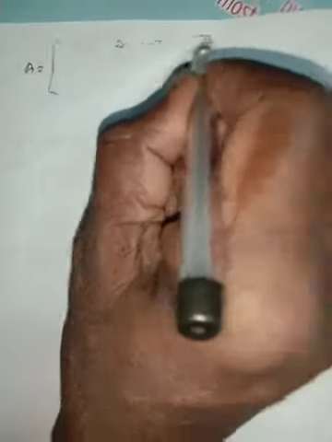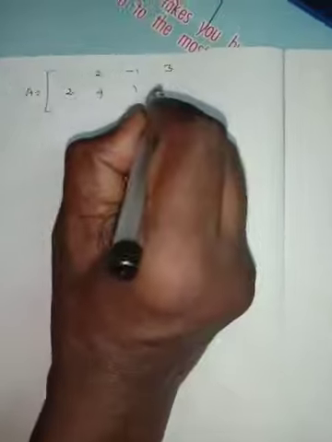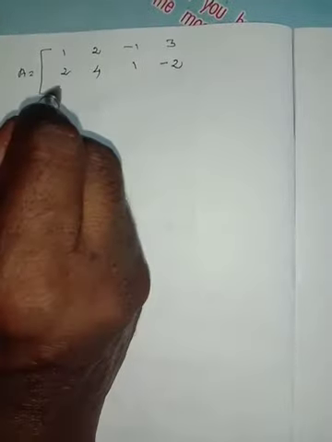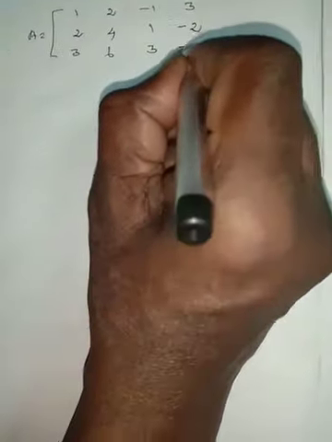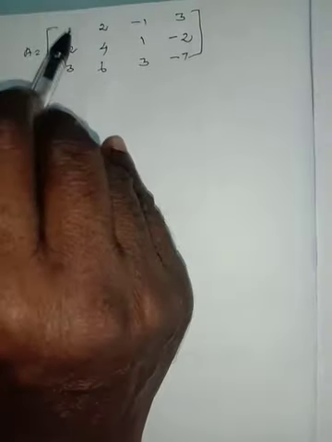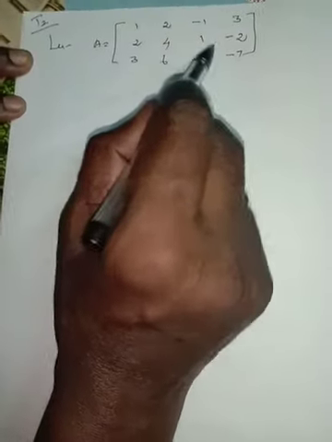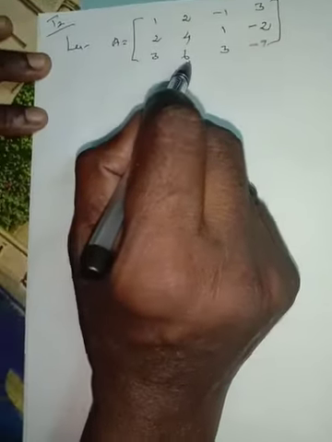Let capital A be the given matrix. First row: 1, 2, 1, minus 1, 3. Second row: 2, 4, 1, minus 2. Third row: 3, 6, 3, minus 7.